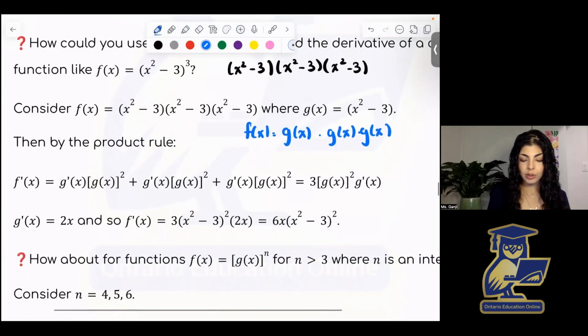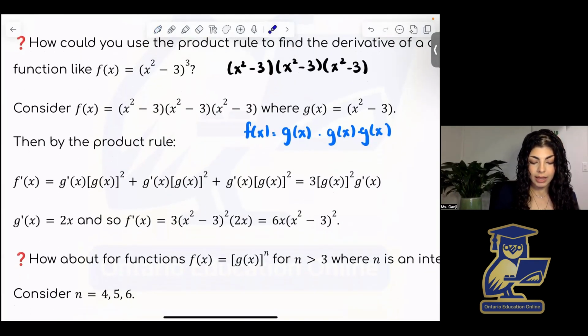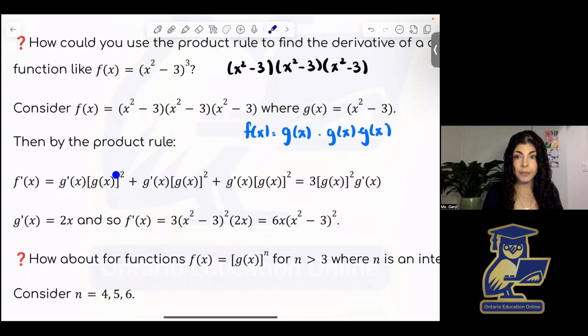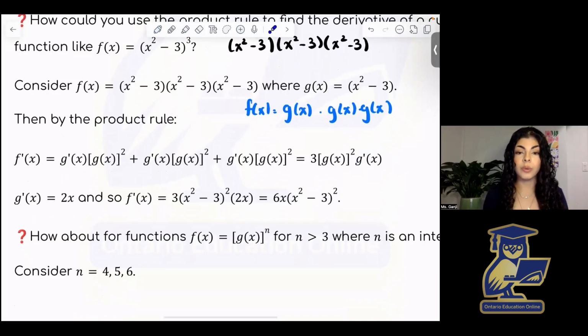And this is actually, when you do the product rule with three terms, you're going to see that it's the derivative of g of x, so g prime of x, and then the other two terms are just g of x two times, so g of x squared. And so this term is actually repeating three times. So this is 3 times g of x squared times g prime of x.